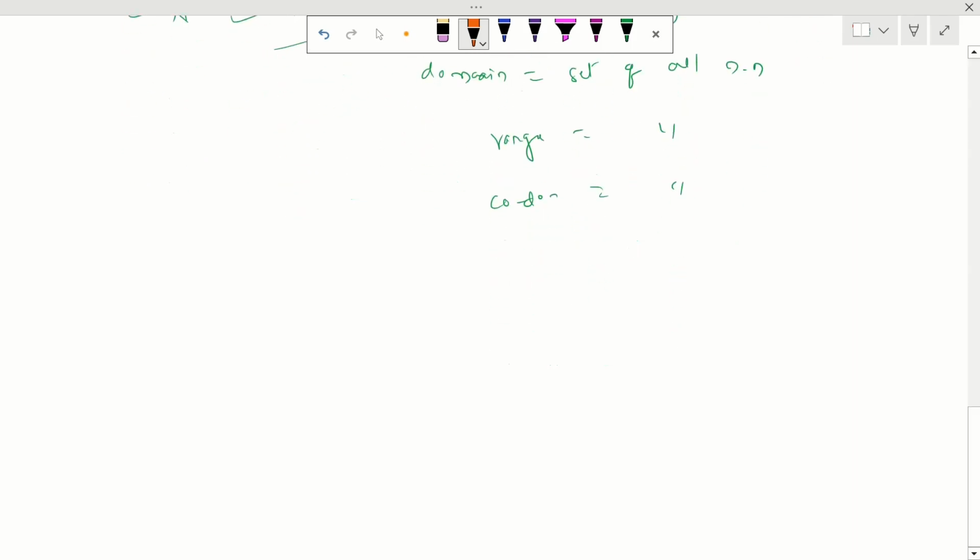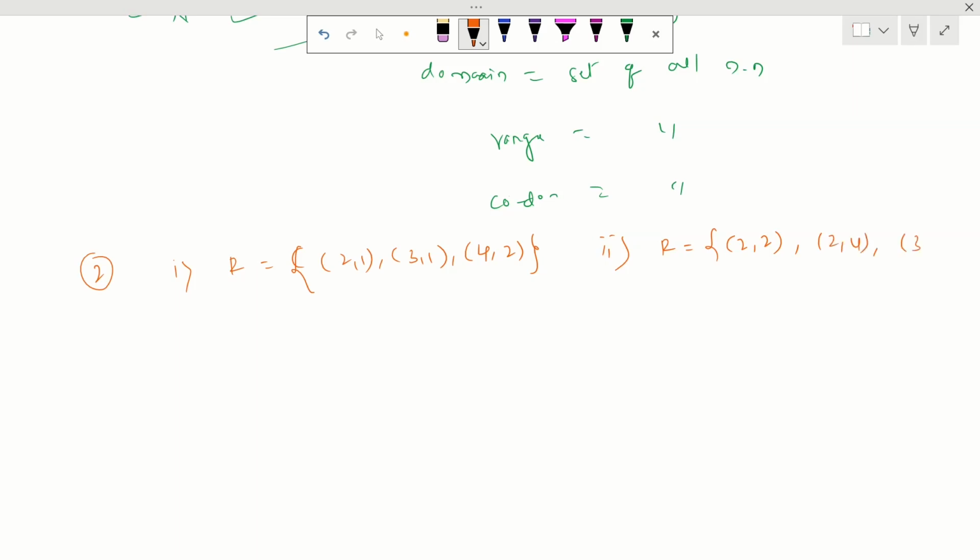Now we'll see another example. Here relations are given. First: 2 comma 1, 3 comma 1, and 4 comma 2. Second: R equals 2 comma 2, 2 comma 4, 3 comma 3.